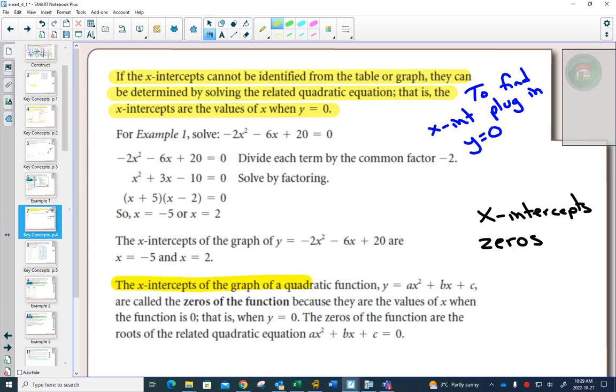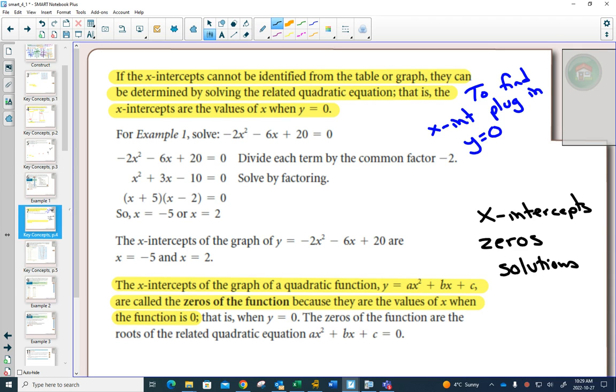The x-intercepts of a graph are called zeros. So sometimes the question is going to say, find the x-intercepts. Sometimes the question is going to say, find the zeros. Sometimes, when it's a quadratic equation and you're solving, they're going to use the words, find the solutions.